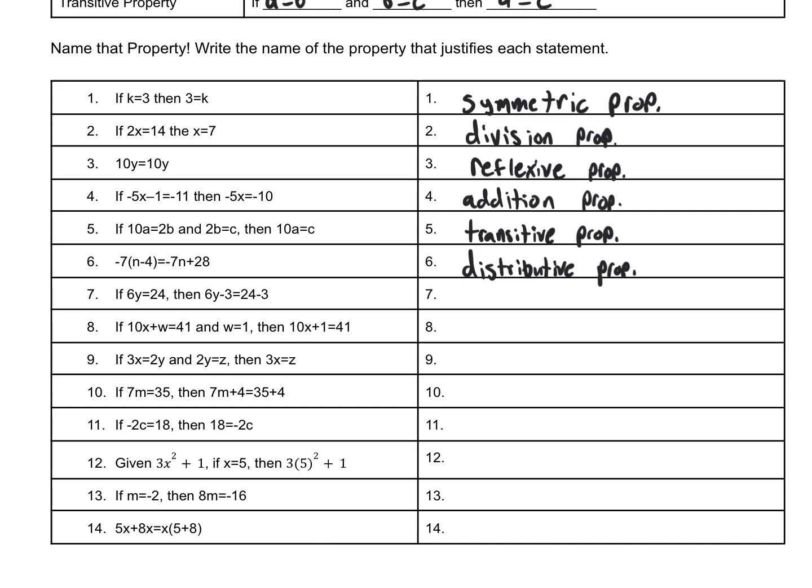Number 7, if 6y equals 24, then 6y minus 3 equals 24 minus 3. That is the subtraction property. Number 8, if 10x plus w equals 41 and w equals 1, then 10x plus 1 equals 41. So that is the substitution property.